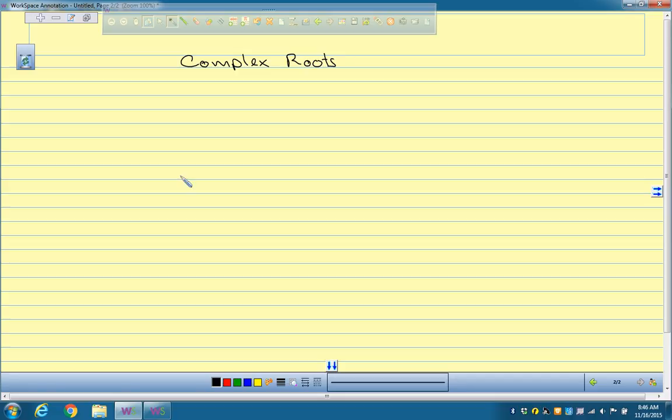So first of all, there are n complex nth roots. There are n complex nth roots of a complex number.